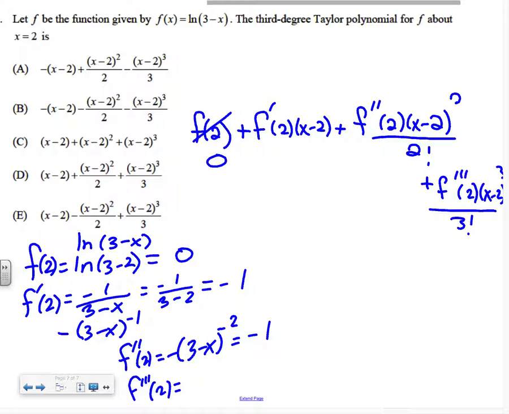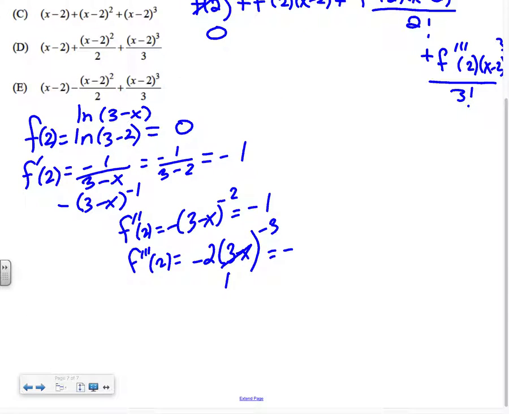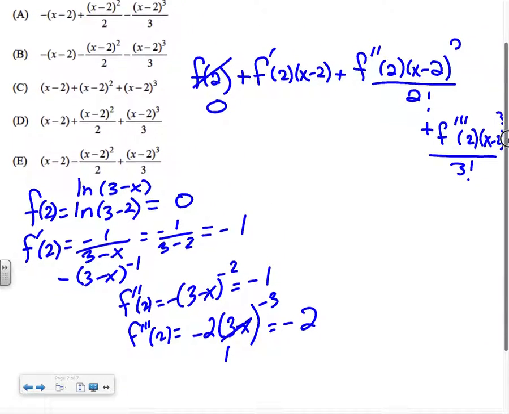One more time, f triple prime. You're going to do the chain rule, so it'd be 2 times 3 minus x to the negative 3 times the derivative inside, which is negative. What's 3 minus 2? That's 1, so you get negative 2. Now if I write my Taylor series, I plug them into the definition.